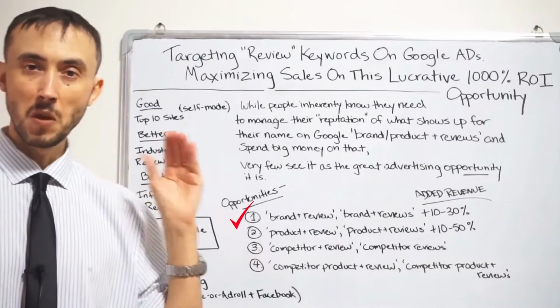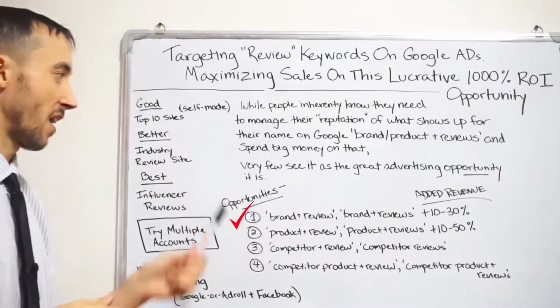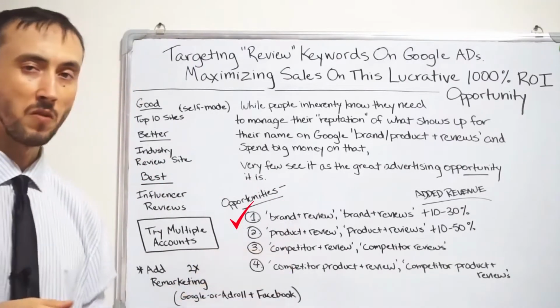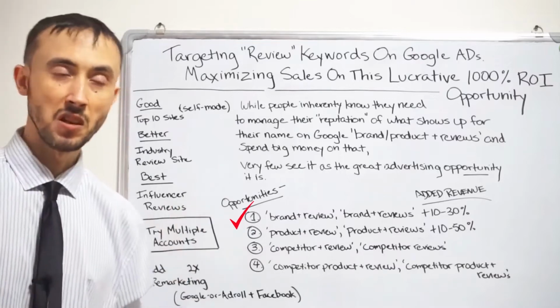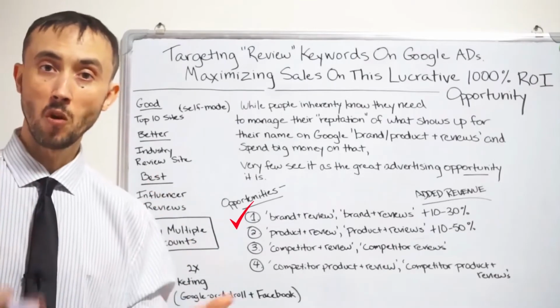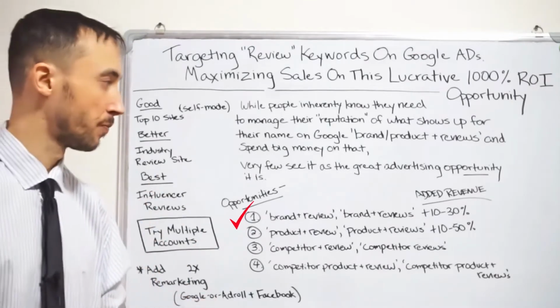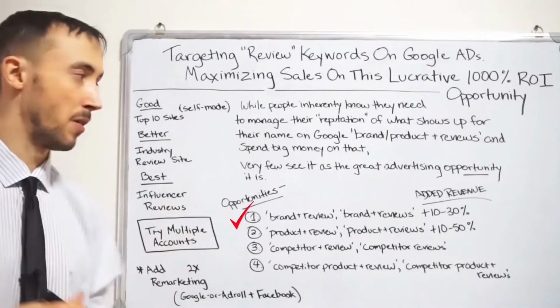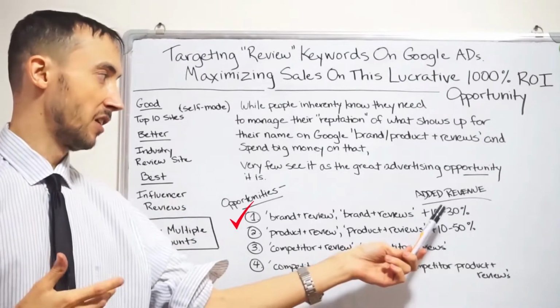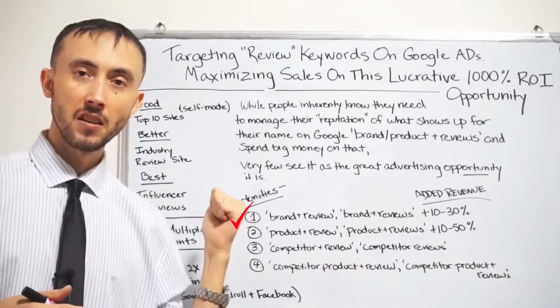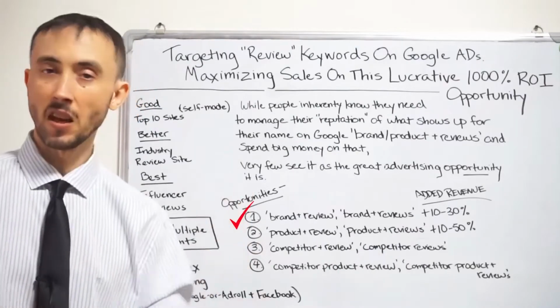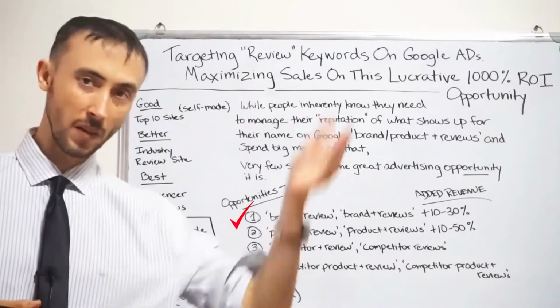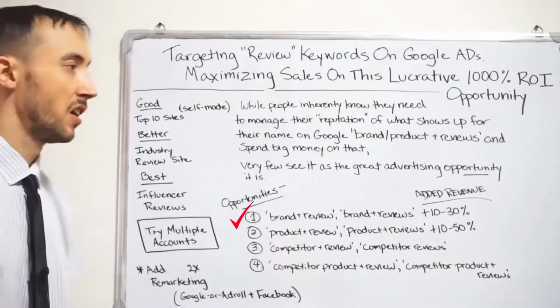So yes, people who click on your ad that shows up for your brand name plus review, you'll get 1,000% ROI on that. What's even more valuable, a lot of times, more than half of the time I would say, is that it gets the other traffic that you had to pay good money for, that costs $1, $2, $3, $4, $5, $10, $20 a click to get to your site in the first place, to convert at a higher rate.